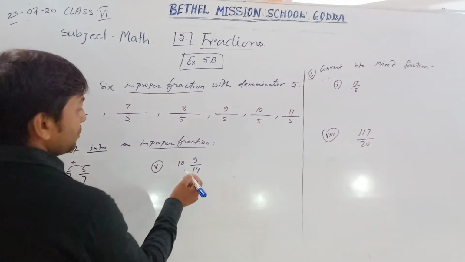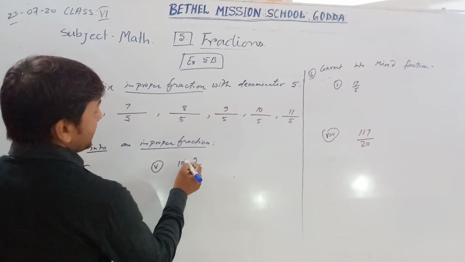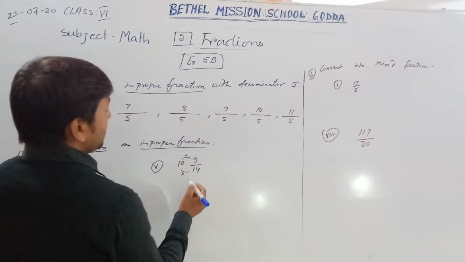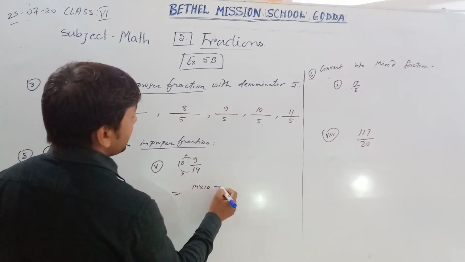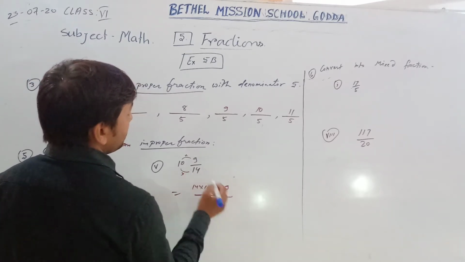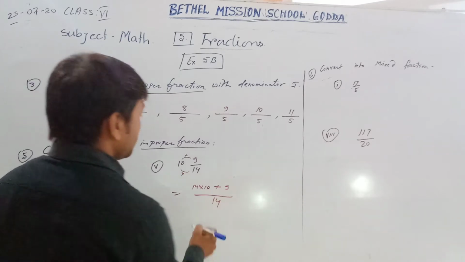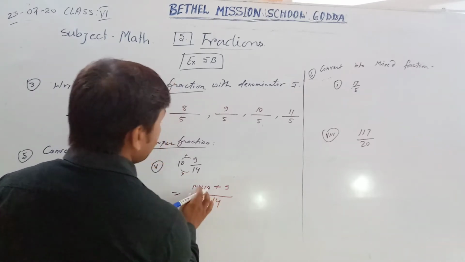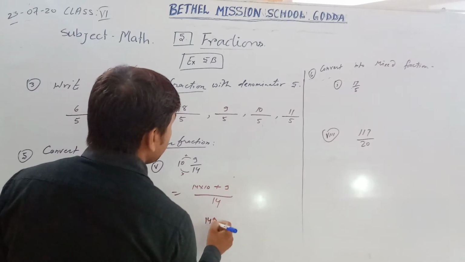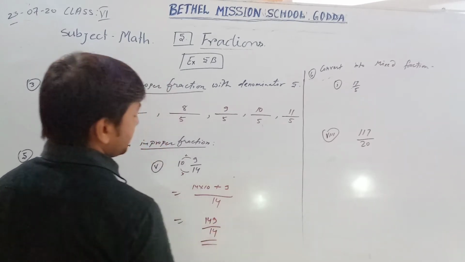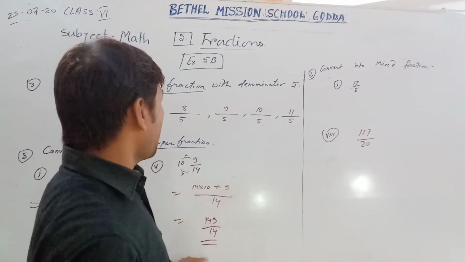Here also you multiply first and then add: 14 multiply 10 is 140, plus 9 is 149, so 149 by 14. This is the improper fraction.